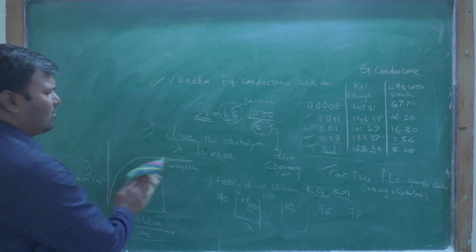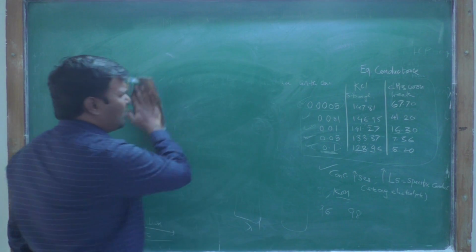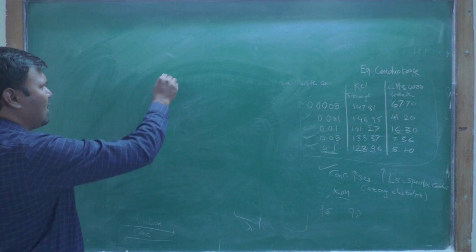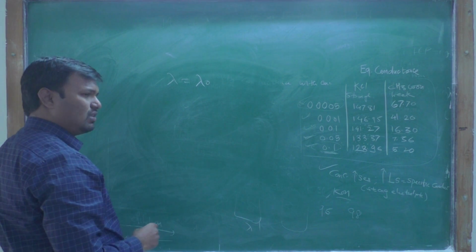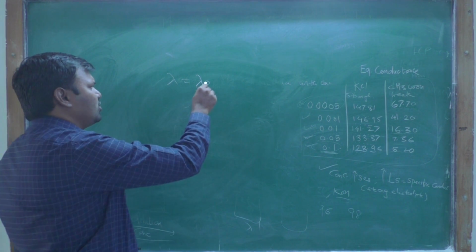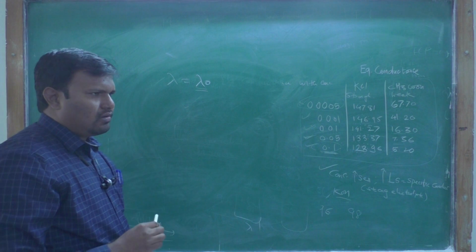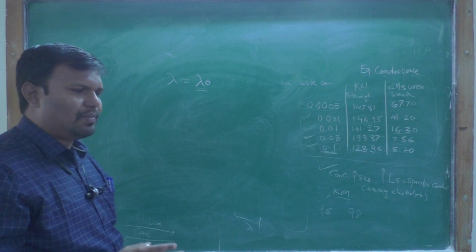Okay, we have another graph, using one of the equations. That equation is lambda equals lambda 0, the limiting value, minus b root c. When the solution is very dilute, it reaches the highest lambda value, and that is the lambda 0 value.